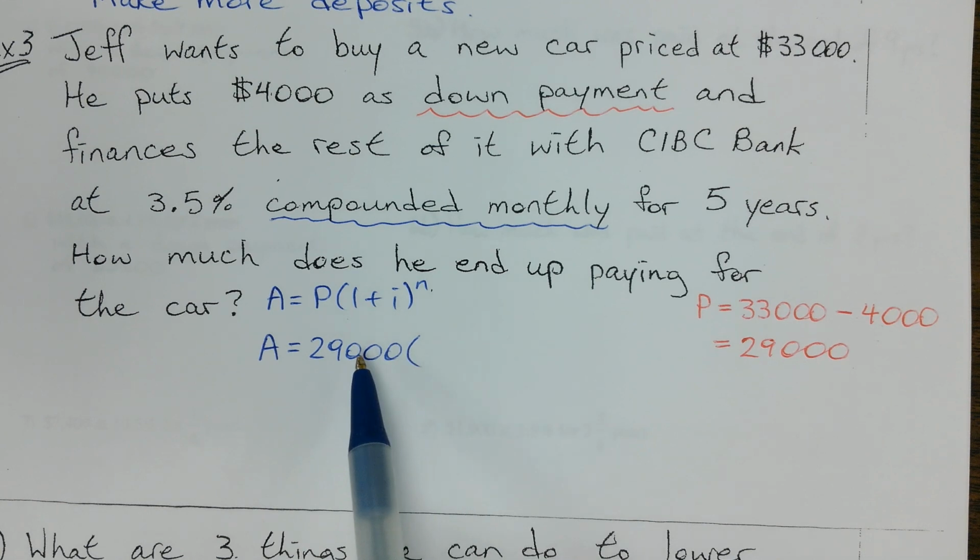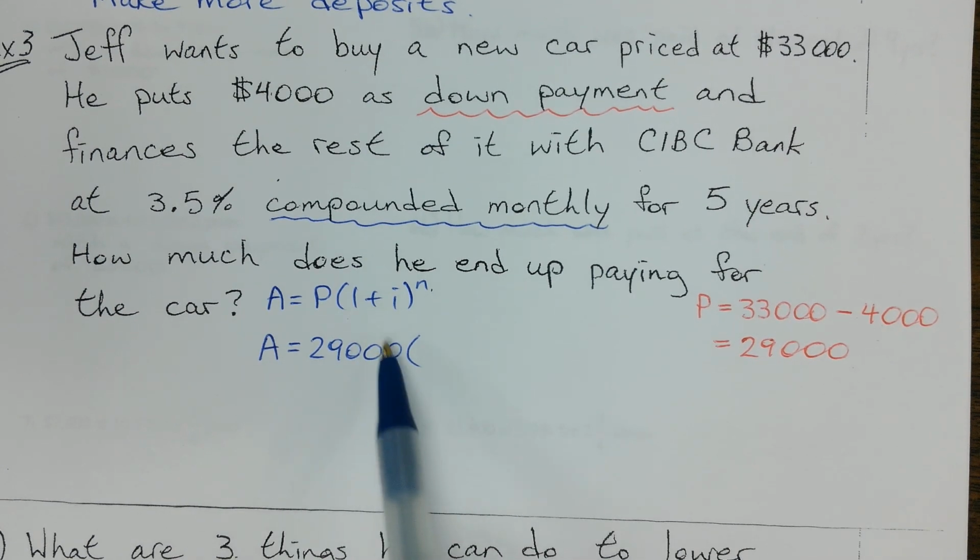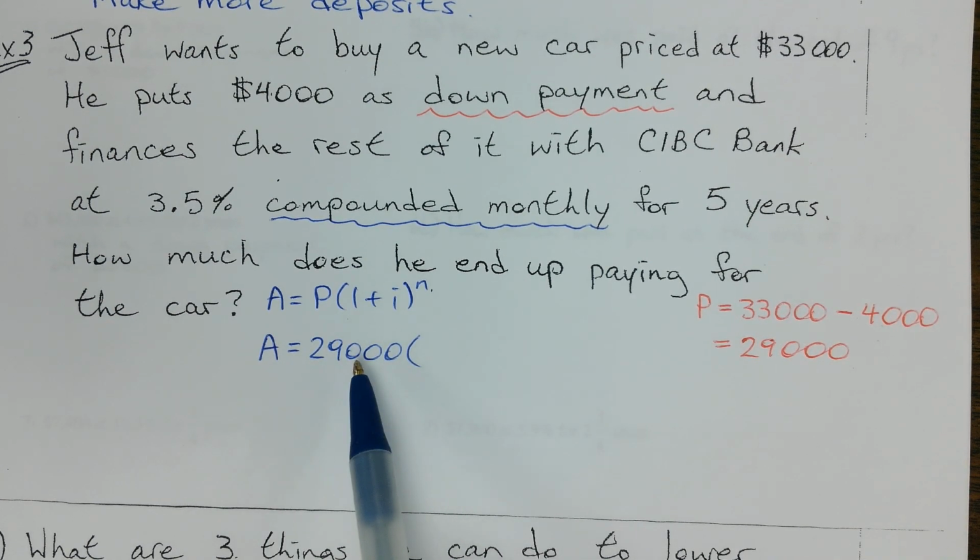Alright, it's because they want to lower their principal. So you see now in the formula, instead of 33,000, I'm gonna put in 29,000 in here. Alright, and because my principal is lower, that means I have to pay less interest in the long run.